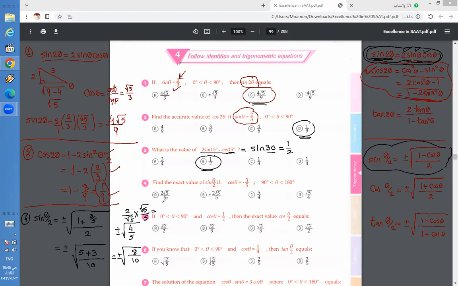So the answer will be 2 square root of 5 over 5. Don't forget positive or negative, so your result will be letter A. If you don't state the rule, you can't solve the problem. Just write the rule and substitute.